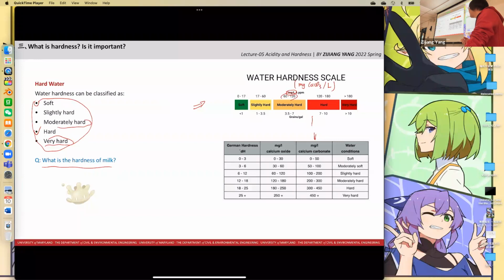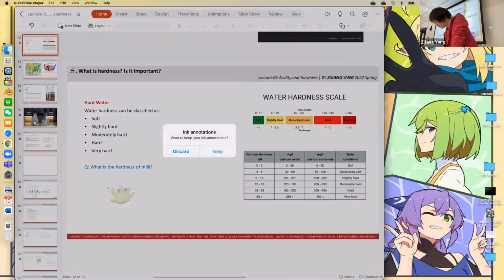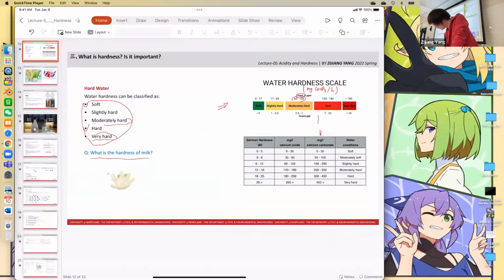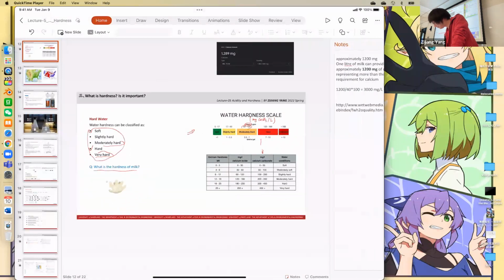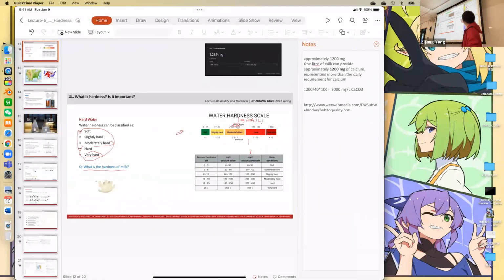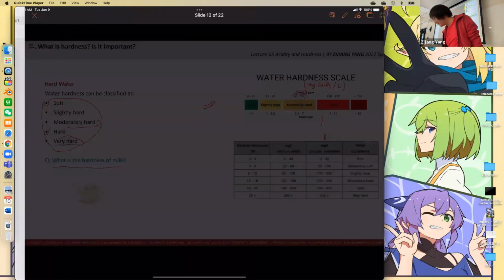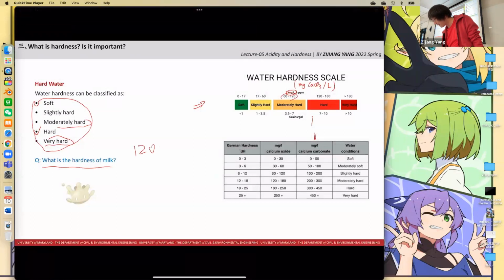No, I did some research, and let me see if I can pull that out. Yes, so from Google, it says it contains 100 to 1200 milligrams per liter. So milk contains lots of calcium, which makes sense.